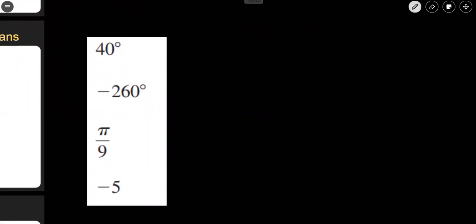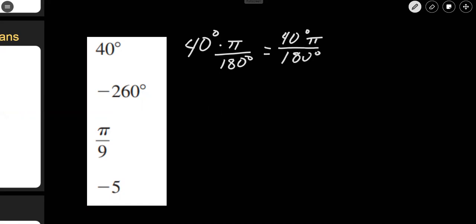So if I want to convert from 40 degrees to radians, all I have to do is multiply by pi over 180 degrees, which is what I'm going from, the degrees. I'm going to show this step by step, be very explicit. I've got 40 degrees times pi radians over 180 degrees.